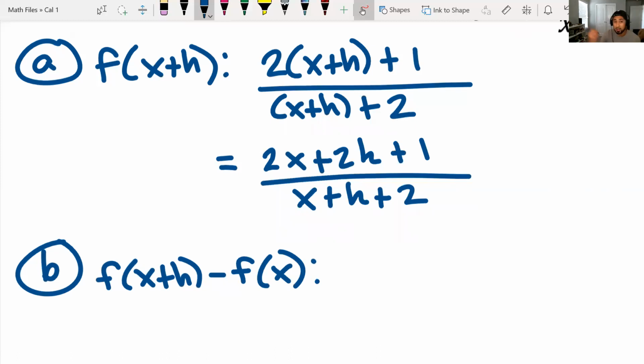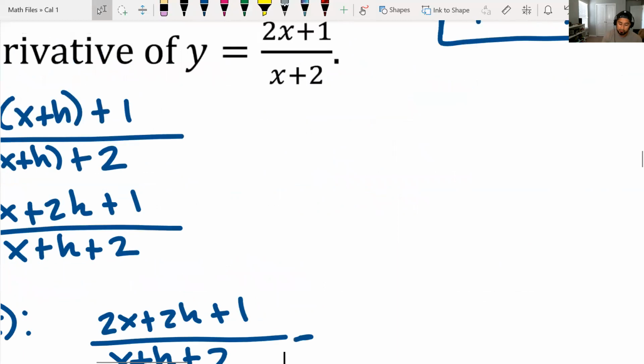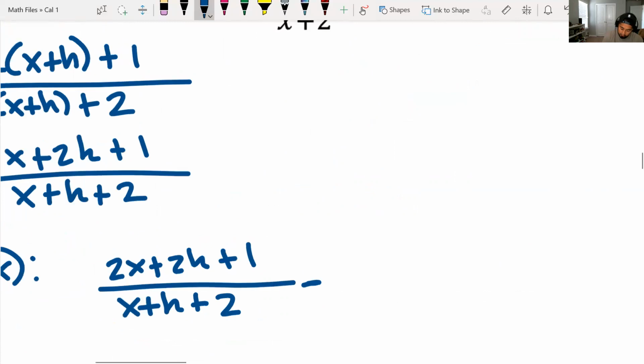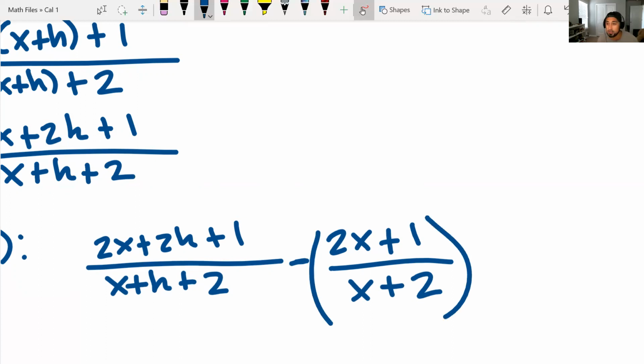Bring down f of x plus h, which was (2x plus 2h plus 1) over (x plus h plus 2), minus the original function of (2x plus 1) over (x plus 2). Okay, so like I said, you can put in parentheses.